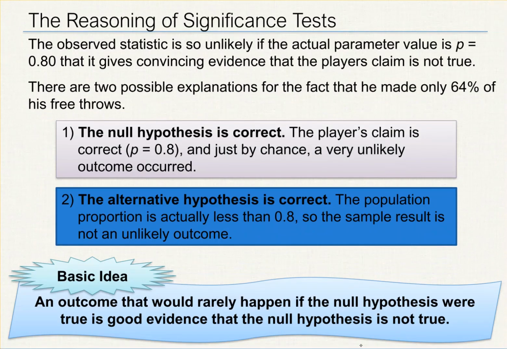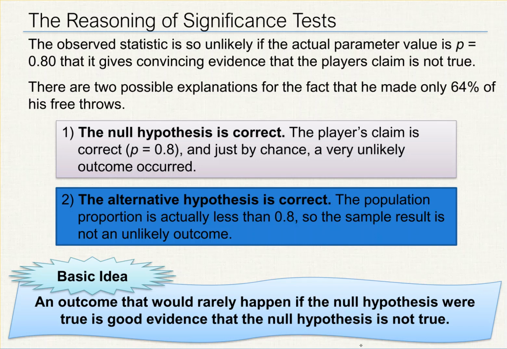So the observed statistic is so unlikely if the actual parameter is p equals 0.8 that it gives convincing evidence that the player's claim is not true. A lot of times there are two possible explanations for the fact that he only made 64% of his free throws. First, the null hypothesis is correct: the player actually does make 80%, and just by chance a very unlikely outcome occurred.